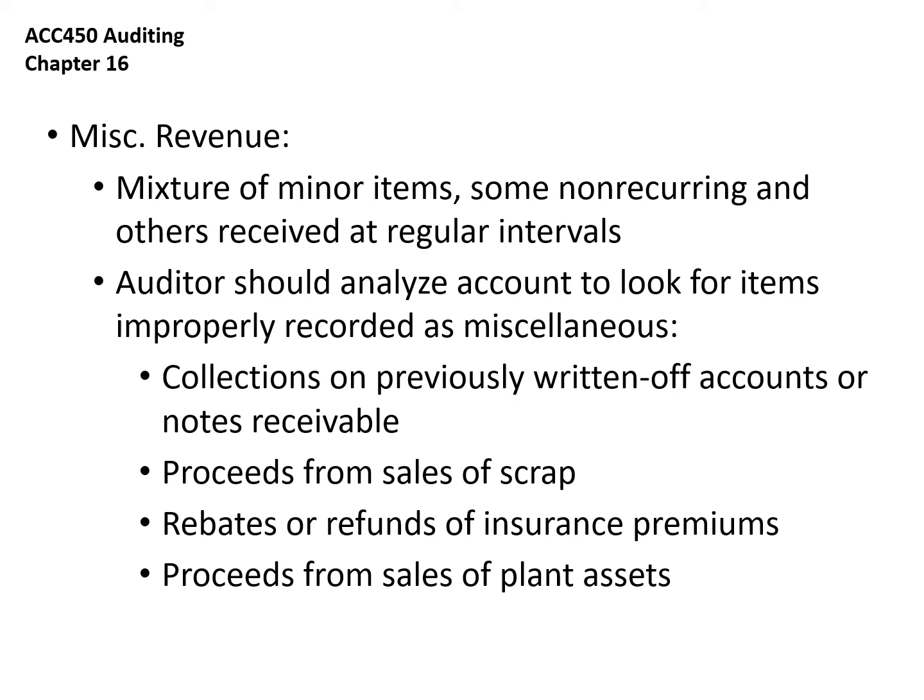So miscellaneous revenue is a category that bears some special attention. If we were in class together, I would probably go on about a 15-minute diatribe about how I despise miscellaneous anything. I think in companies, it's a case of accountants being lazy. There's no reason to not have accounts for small items and have more accounts.